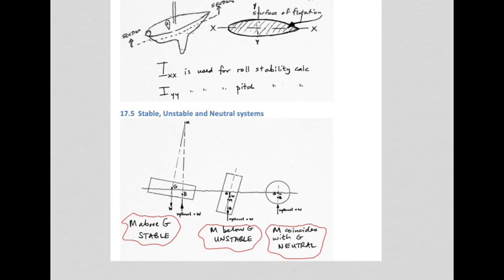So if M coincides with G, the object is neutral in terms of stability. If M is below G, it is unstable. Any displacement will accentuate and continue until the object falls over. And if M is above G, then you have a stable situation, which is the normal situation that you want.